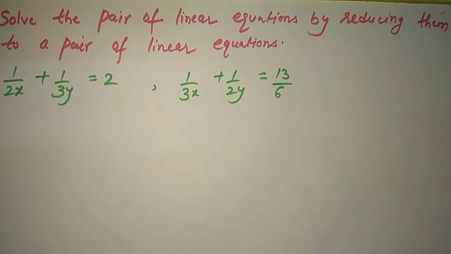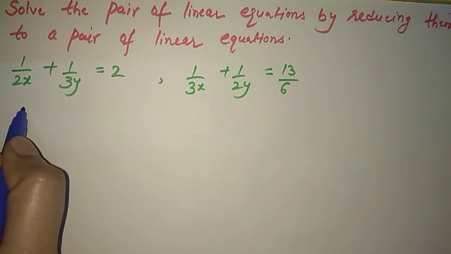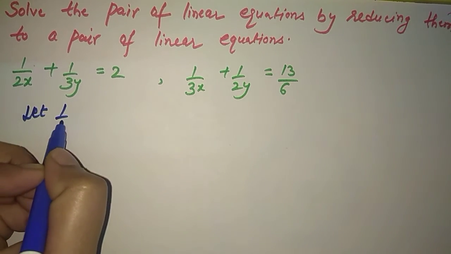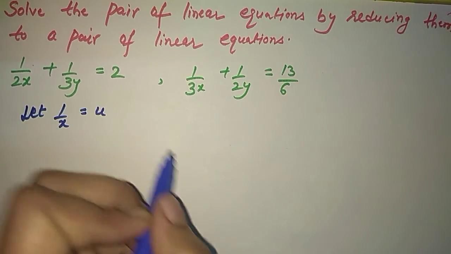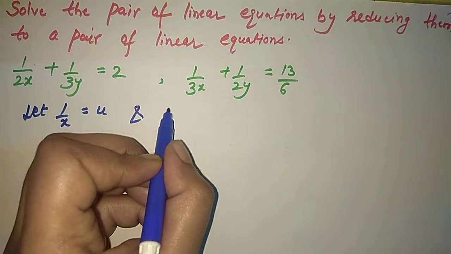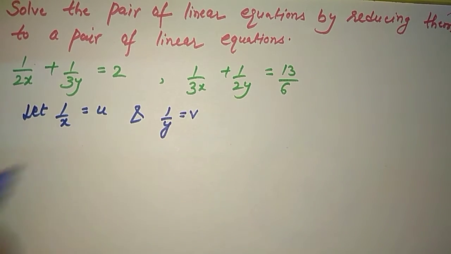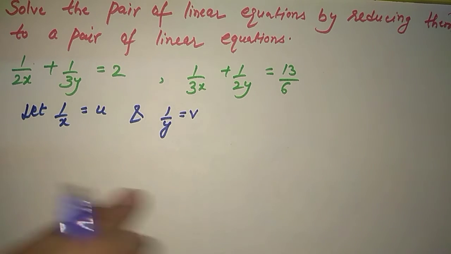So let 1 upon x equal u and 1 upon y equal v. Now by this we can reduce these equations to a simple pair of linear equations.